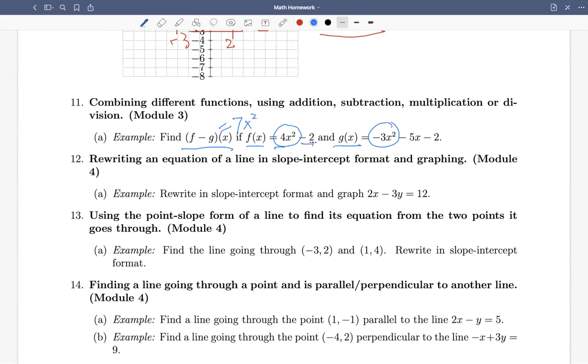Then we have -2 minus -2. Well, -2 minus -2 becomes -2 plus 2. That becomes 0. But then we have a minus -5x. Minus -5x becomes plus 5x. So f of x minus g of x is 7x squared plus 5x.